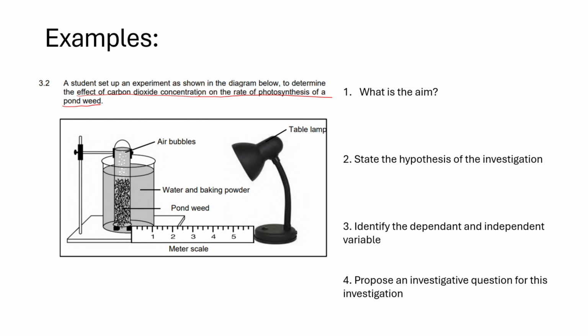So whenever you are told to state the aim, like in this question, what is the aim of the investigation? You are going to say, you first start with the words to determine.